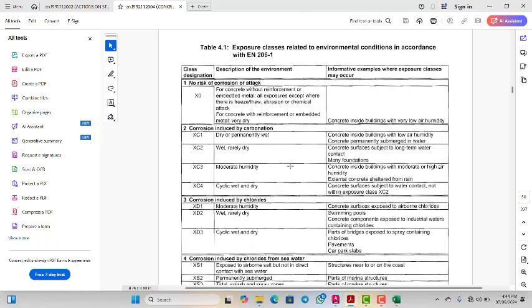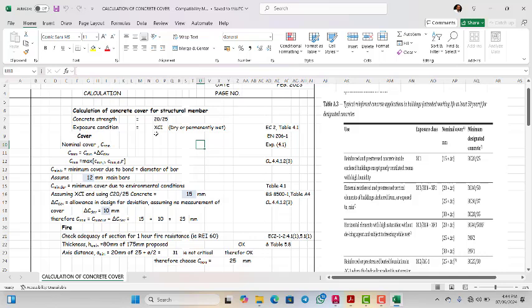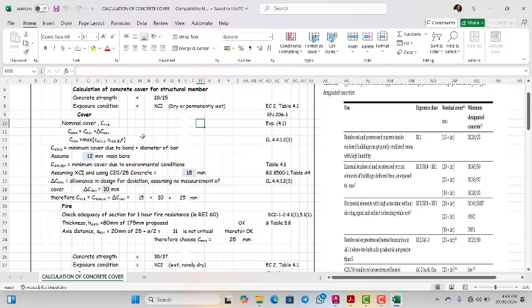So the buildings under this are concrete inside buildings with low air humidity and concrete permanently submerged in water. So we are using XC1 for the dry or permanently wet. Okay. So here we have the nominal cover, C nom.